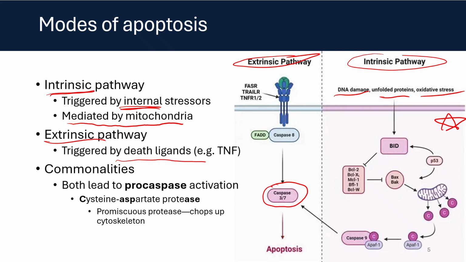And if you look at both of these graphics, caspase activation, whether it's the intrinsic or extrinsic pathway, converges onto these caspase 3 and caspase 7. Caspase is not an acronym, but a portmanteau of the words cysteine aspartate protease.